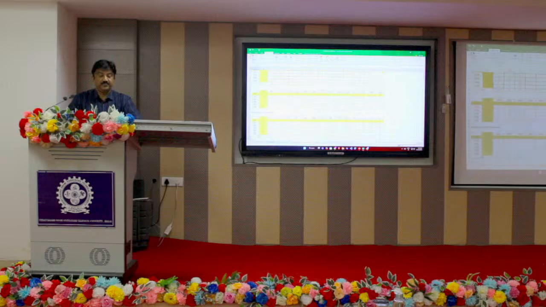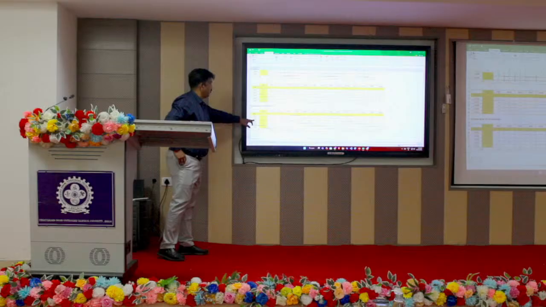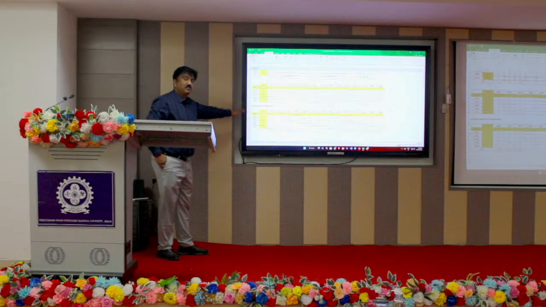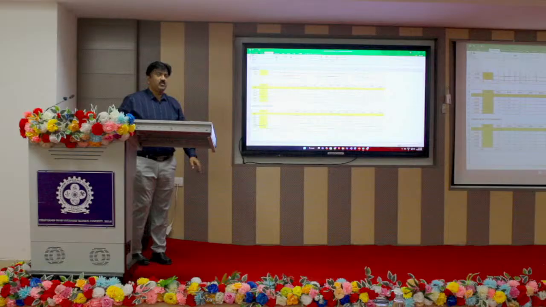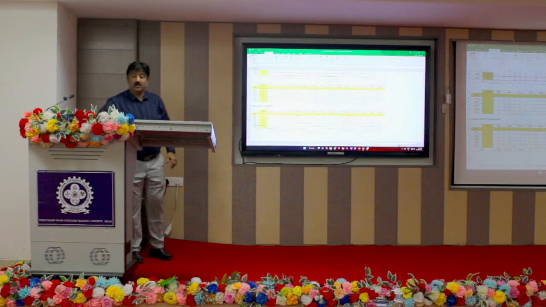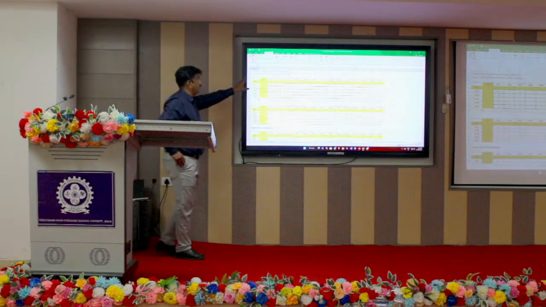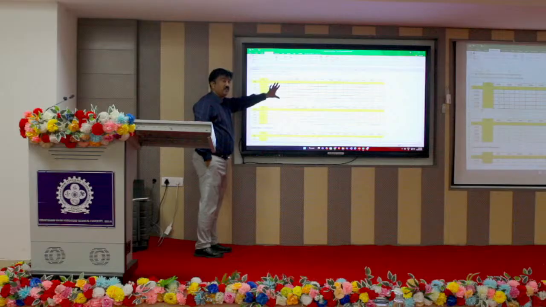So instead of mentioning CO1, CO2, CO3, CO4, we can put the subject names. Once the subject name is put, our higher officials will already be mapping this, and they will do it for the program.